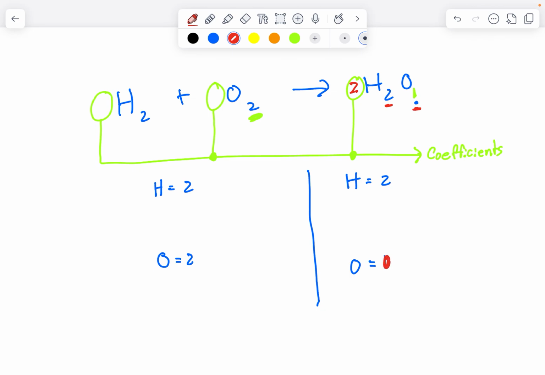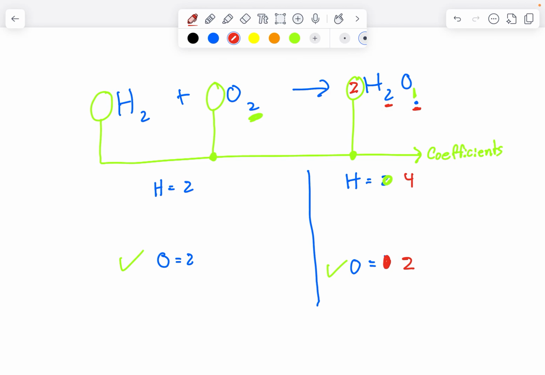So that's going to change this to 2. Now we're good to go. Check on oxygen. But because I said we've got to multiply the hydrogen too, we broke our hydrogen. Now we have 4 hydrogen.